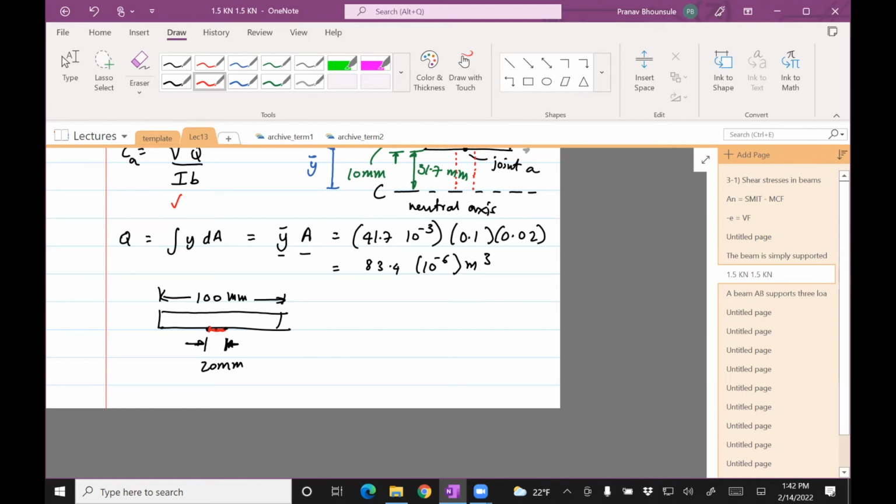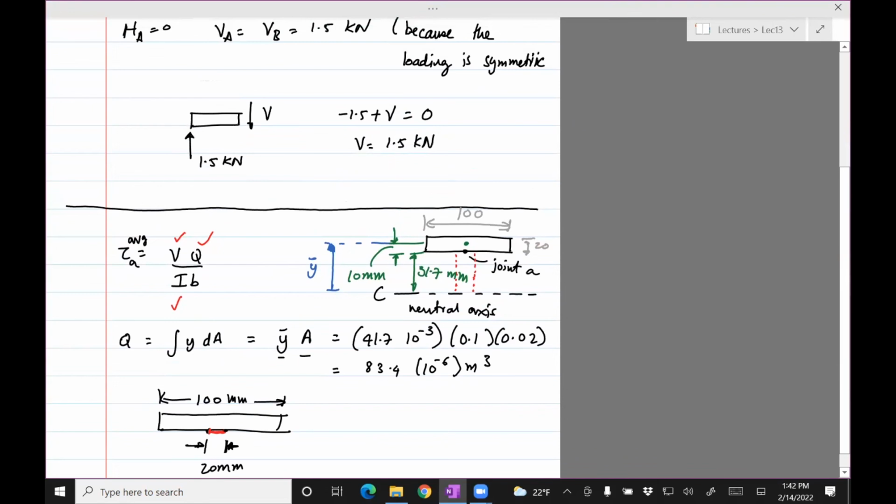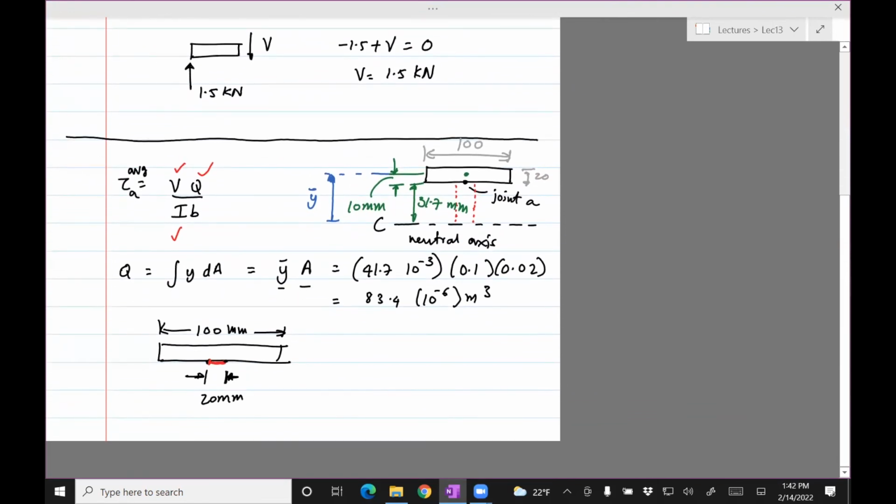Which of them is a good choice? Which would you choose? Look at the formula: where is the stress going to be maximum? Is it when B is maximum or when B is minimum? B is minimum, right? If B is 20, you would have a greater stress than if you put 100, because B is inversely proportional to tau.